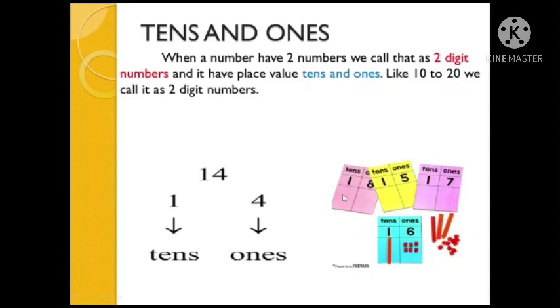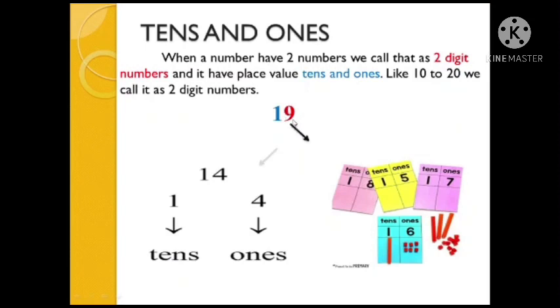So for two-digit numbers only, we have tens and ones. Two numbers are there, right? So 19 I have taken, one in red color, one in blue color. I have divided the color to differentiate the place value. The red color, that is the last number, 9, is there, right?